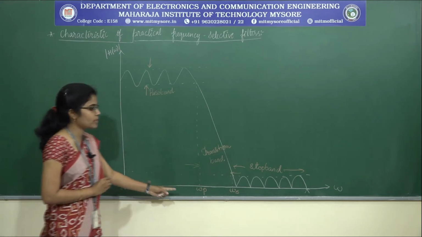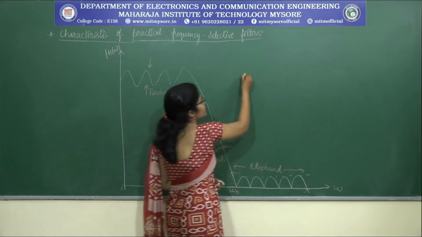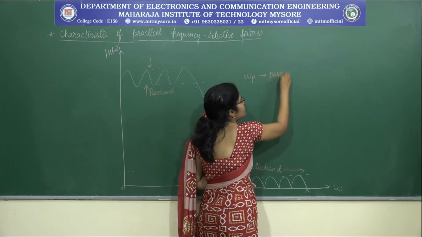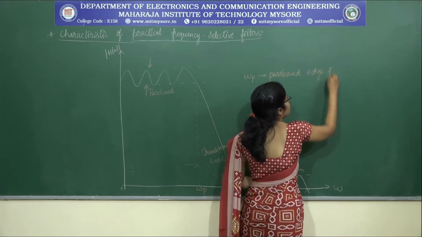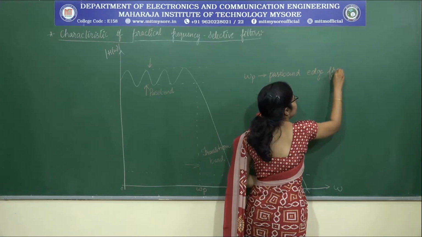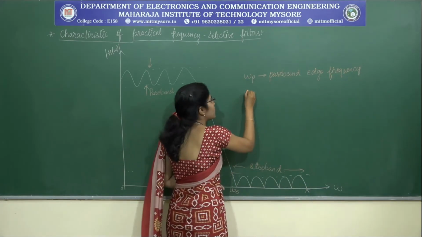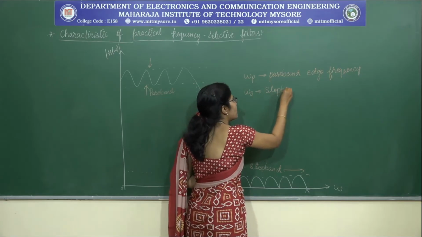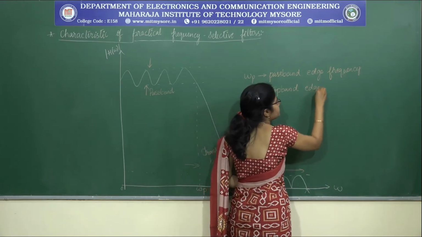So what is omega p? Omega p is nothing but the pass band edge frequency, and omega s is the stop band edge frequency.